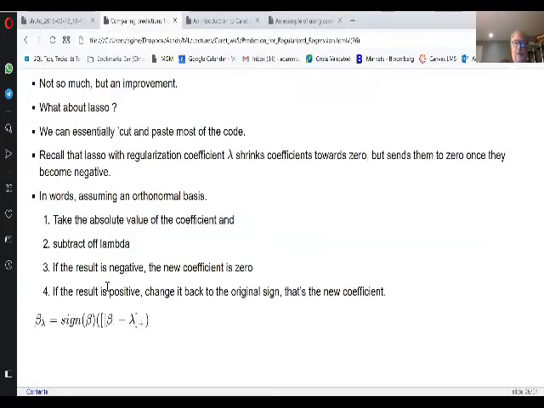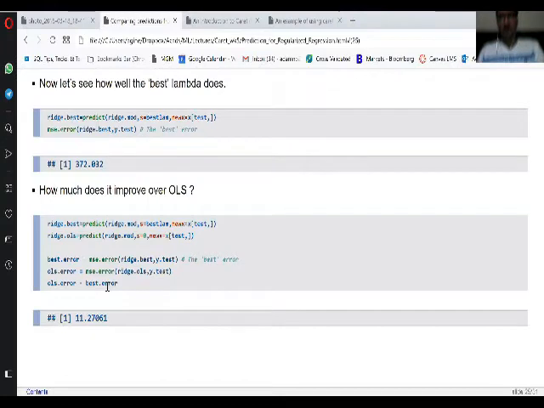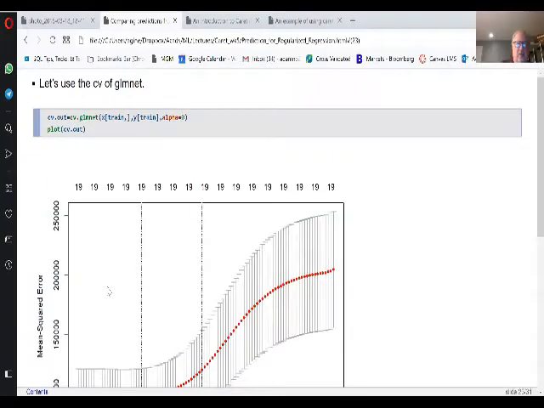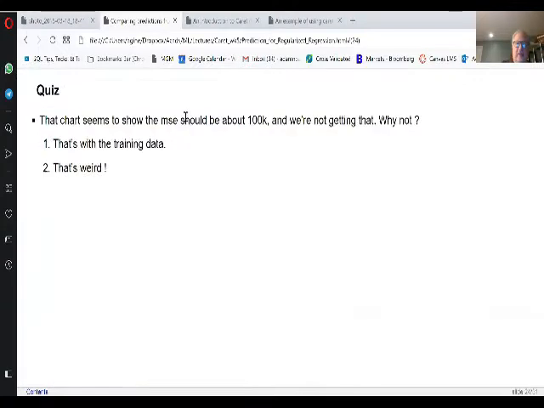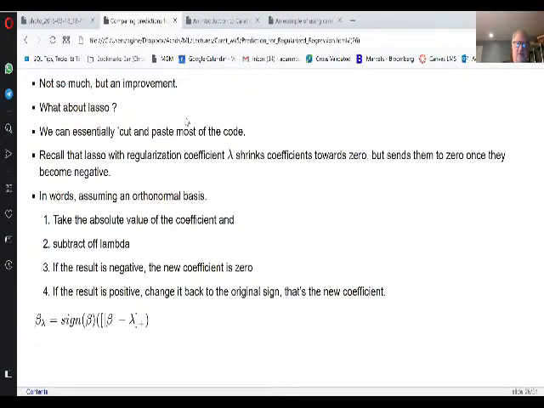Okay, so that's Ridge. What about Lasso? Well, one thing I'd point out is, having done all this, doing Lasso is mainly cut and paste. We have this alpha equals 0. Basically, every time we had alpha equals 0, we can replace it with alpha equals 1, and we should get the answers for Lasso.